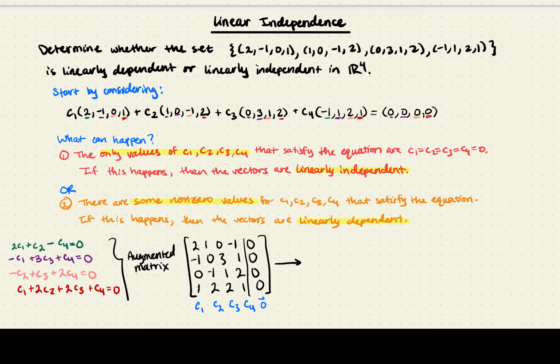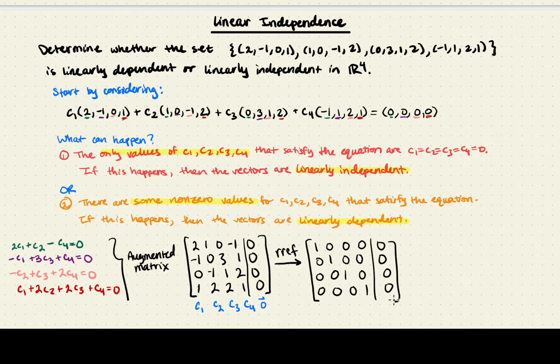So if I were to do row operations to obtain the reduced row echelon form, I would get the matrix 1, 0, 0, 0, 0, 0, 1, 0, 0, 0, 0, 0, 1, 0, 0, and 0, 0, 0, 1, 0.